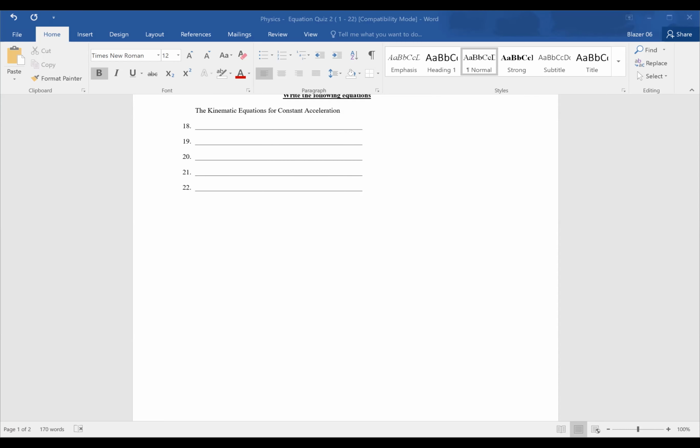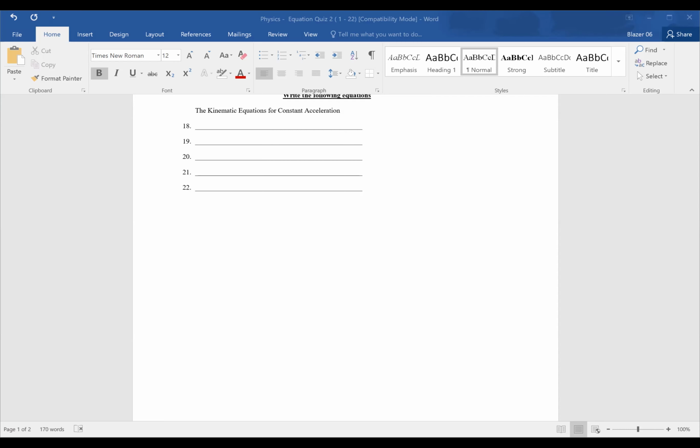Can you see that? No, ma'am, I can't. Oh, no. Okay, hold on. Okay, forgive me. Let me just see. What do you see? Do you see the board? No, I see the kinematic equations for constant acceleration. Okay. All right. Well, let me just go on.